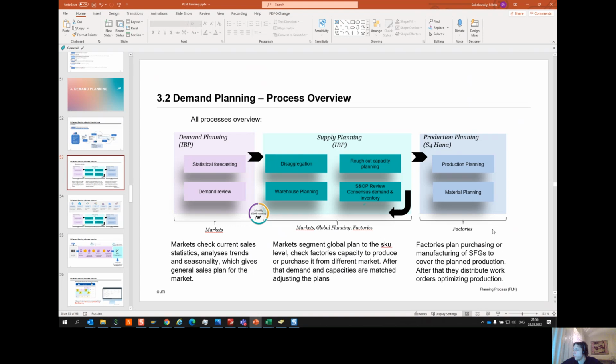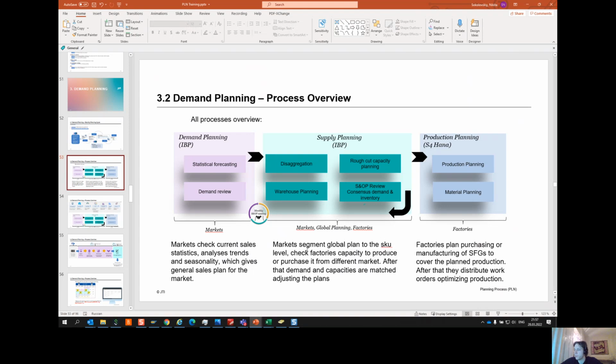Markets can be only for selling production, and then on this market, we have only warehouses and no factories at all. This is also an option. But if we have several factories in one market, supply planning distributes the production requirements or purchasing requirements to every particular factory, and we do the specified production planning.